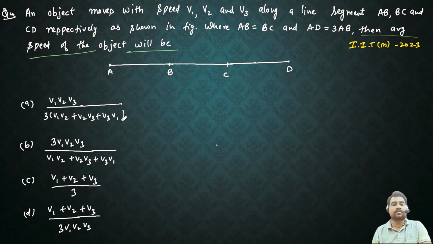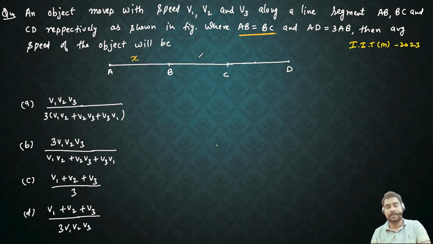Then the average speed of the object will be, and these are the 4 options. Okay, so let's try this. In this question, they have already told us that AB and BC are equal. So if I let this distance be x, BC is also going to be x. Now, AD is 3 times AB.